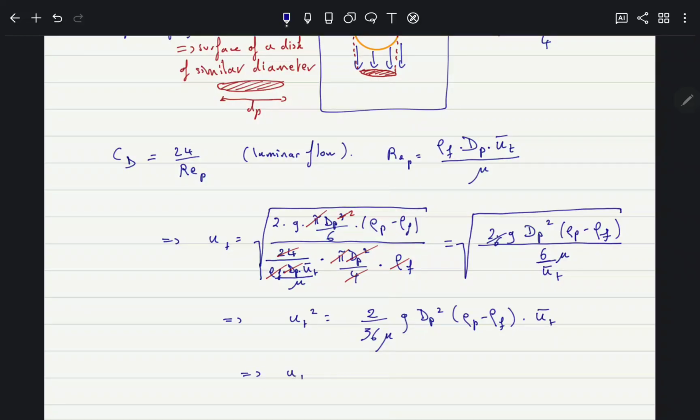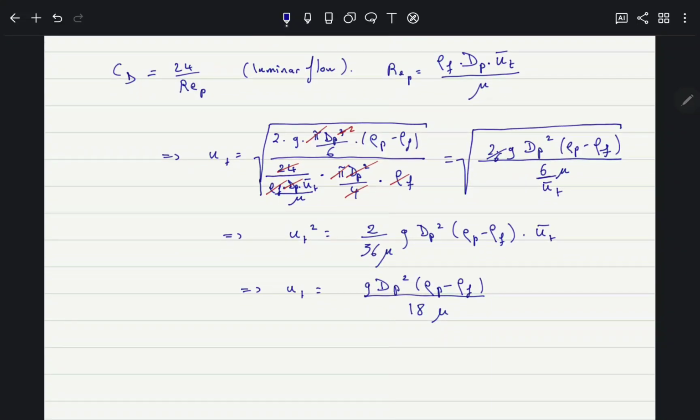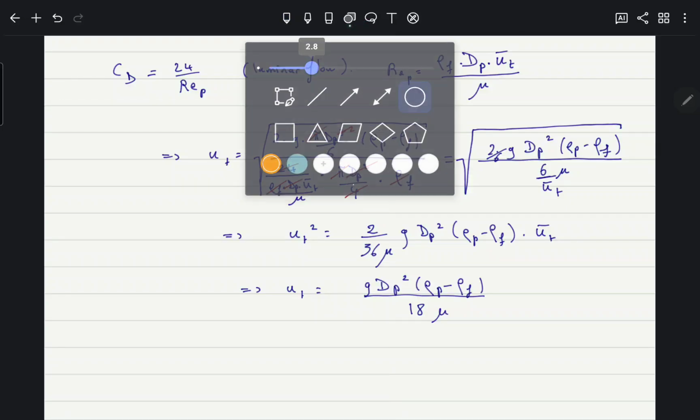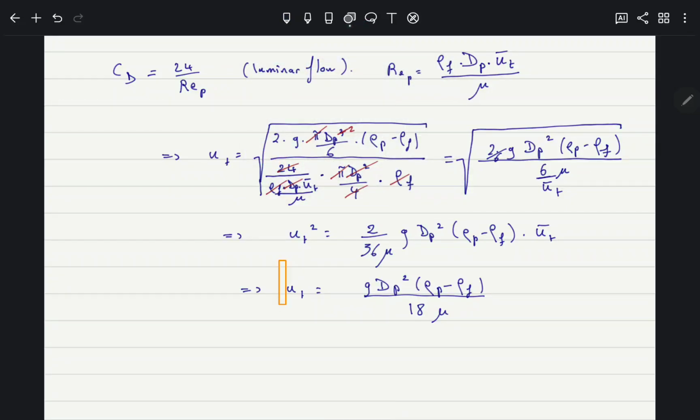And so after, your ut becomes g dp square rho p minus rho f divided by 18 mu. And that's basically the expression of the terminal velocity, which is a very important parameter that we can determine in the motion of particles in fluids, basically during sedimentation.